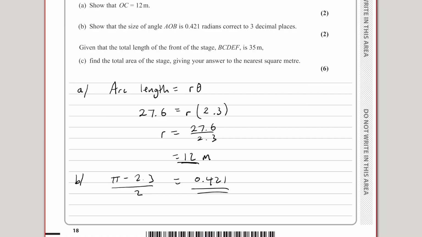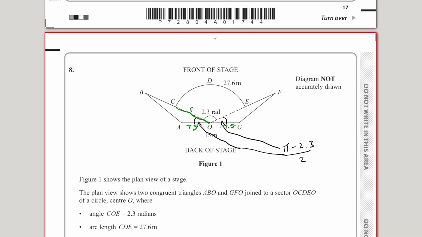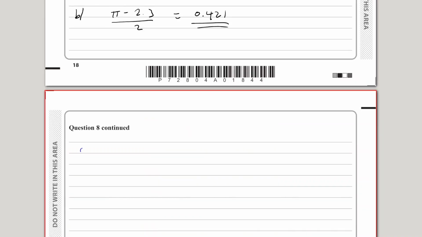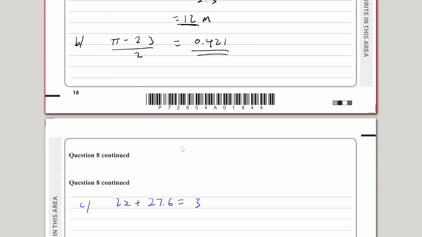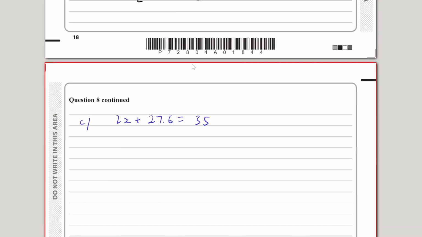Given that the total length of the front of the stage is 35 meters, so I'm guessing that means adding on these 2 parts. So 2x plus 27.6 equals 35.